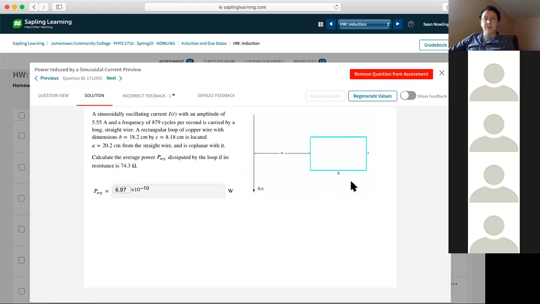Then we calculate the flux of magnetic field through the loop, which will implicitly be a function of time. Then we take the time derivative of that to get the time-dependent EMF using Faraday's law. And then we use Ohm's law to get the power radiated by the wire. Okay, so those are the steps in this problem.